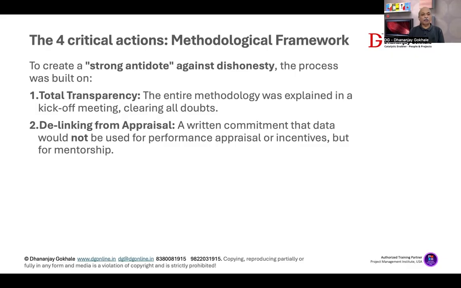The second important parameter is delinking from appraisal. And this is something I need a promise on from the leader, from the L&D team, from the personnel and HR teams, that come what may, this should never be connected to the appraisal. And I must share one incident.